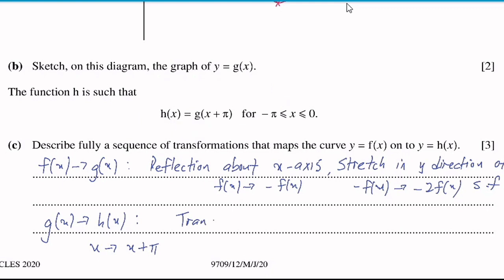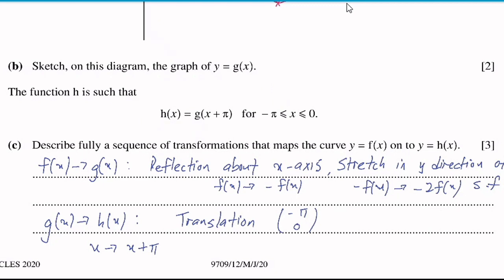But because it is in the x direction, it should be the opposite. Although the x becomes x plus pi already, we should always think of that as an opposite. So it is actually a translation of negative pi in the x direction. And y, we did nothing to that.